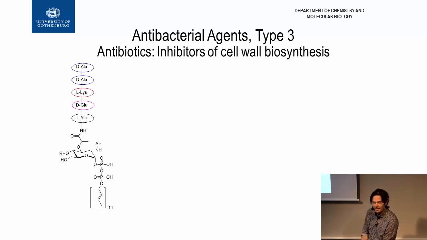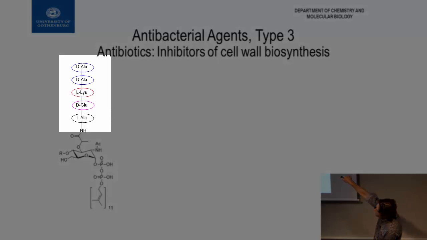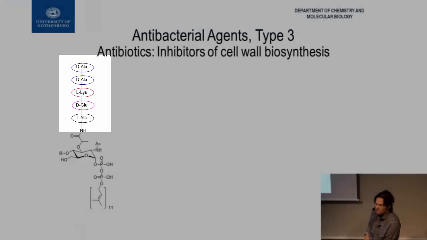And this might look a bit complicated now, but when the bacteria is going to make that layer, it uses building blocks that look like this. This might be a little bit disturbing if you're not a chemist, but okay. The top ones here are just letter abbreviations for something called amino acids.